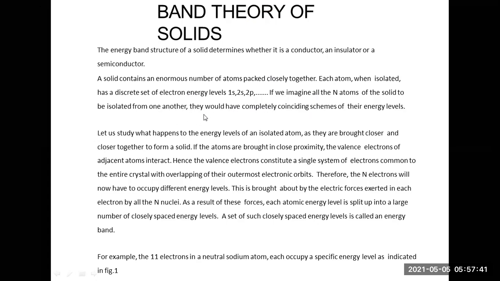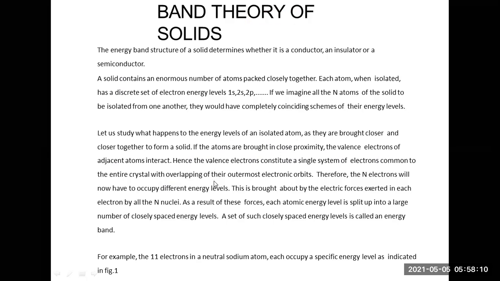In order to explain this particular aspect very clearly, let us consider the energy levels of isolated atoms as they are brought closer to each other. What will happen? They form a solid, right? Inside the solid, each element will have some valence electrons.